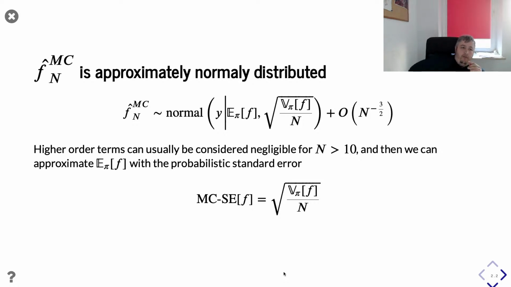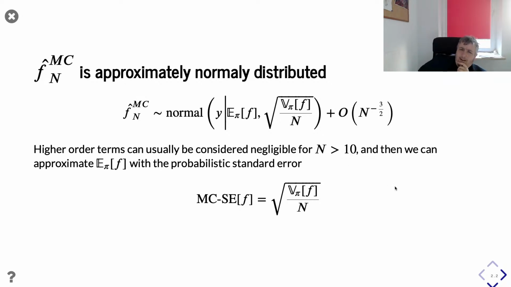And from the central limit theorem it is very easy to see that the estimator is approximately normally distributed, with a mean equal to the expectation and a variance equal to the variance of the function f divided by the number of samples.